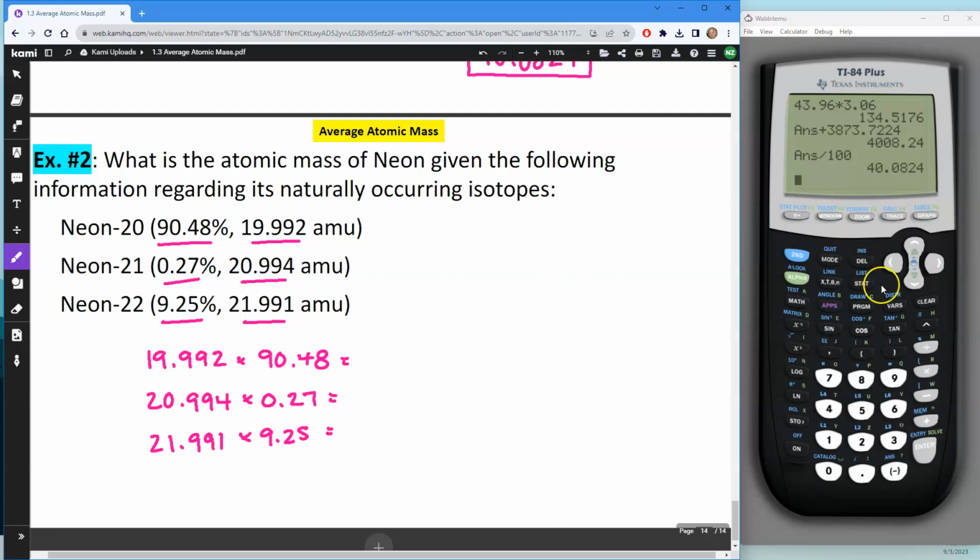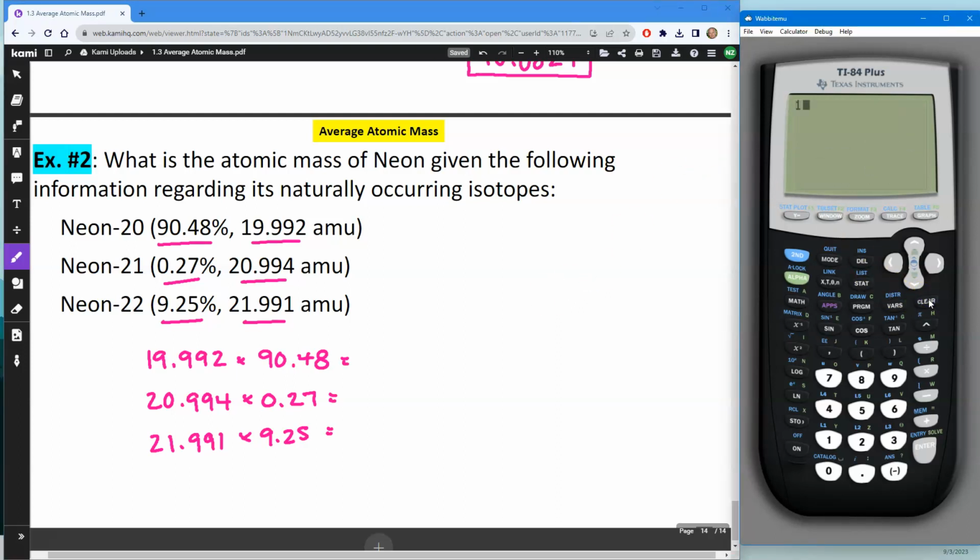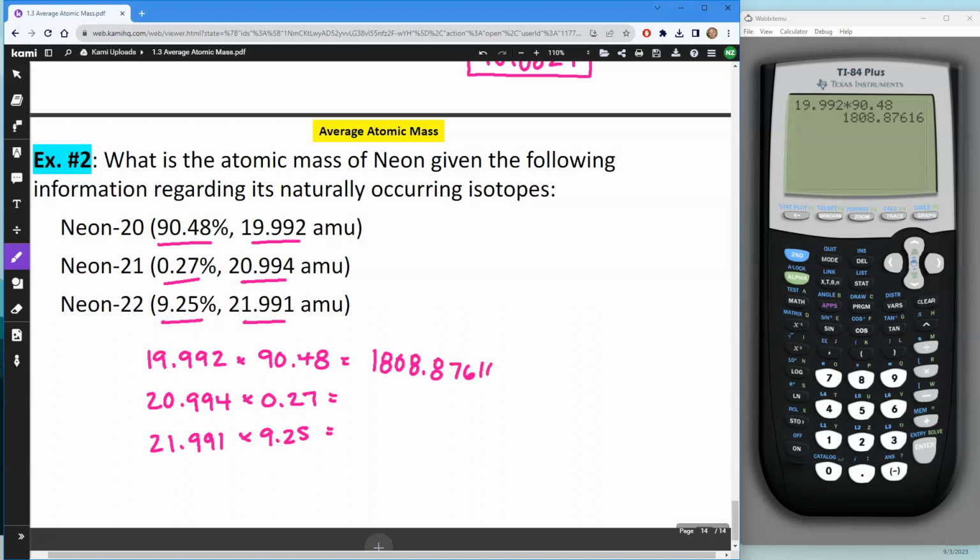So let's get to work here. We've got 19.992 times 90.48, and we get 1808.87616. Okay, and then our second one, 20.994 times 0.27, is 5.66838.